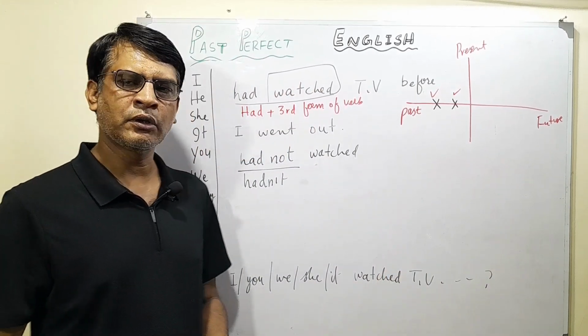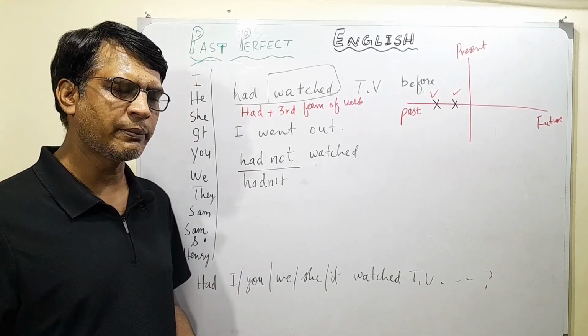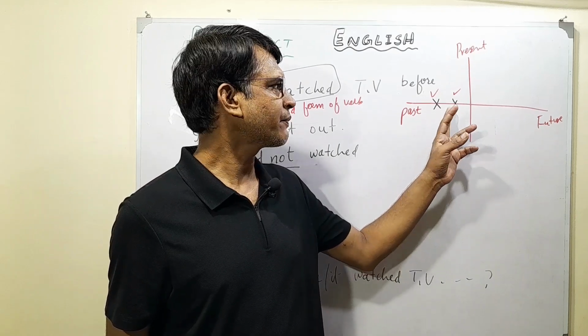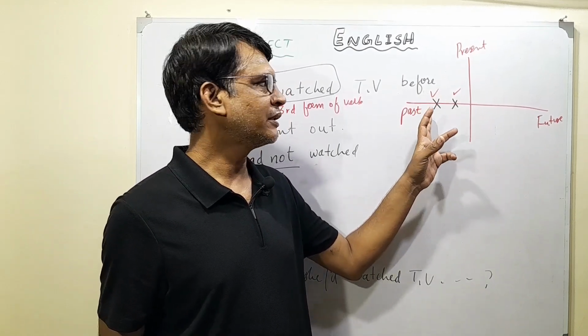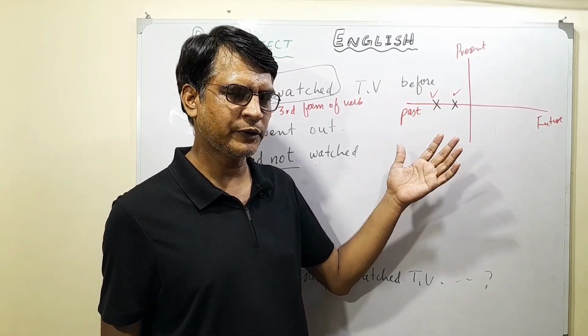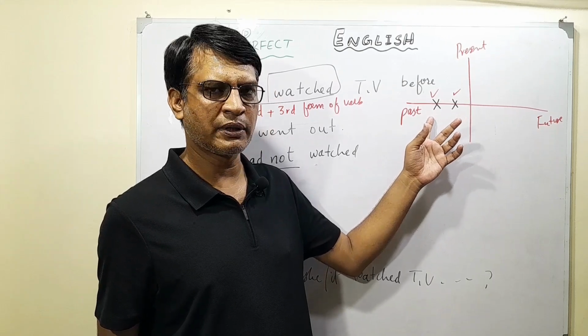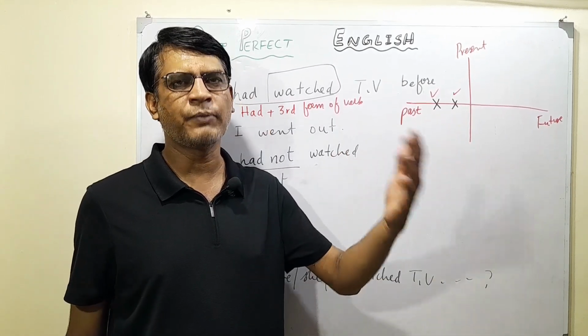So with past perfect, I must say you need to remember that there should be two actions. One that is near to present, it will be past simple. The other, which is far from present, and there is another action which we have. Therefore, we'll use past perfect over here. And like I said, it is past of past.